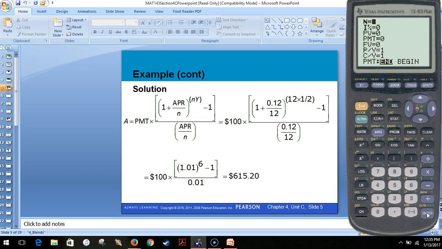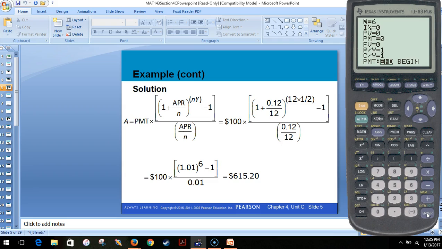N is the number of compounds, and most likely in many of the applications, those compounds will be 12 times a year, but you're also going to have to put in for how many years. In this case, it was for half of a year, so we're only going to have 6 times that this compounds. So it says N, it really means N times Y or N times T. How many times are you going to compound this money?